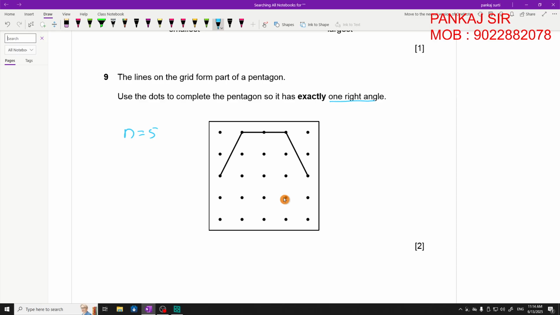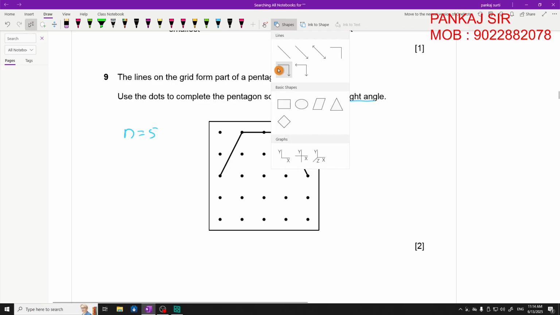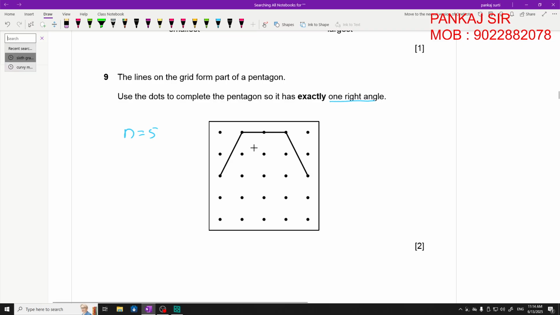formed, right? Okay. So let me draw this way. Okay. Let me complete it in this way. Now from here, I may go. Okay.